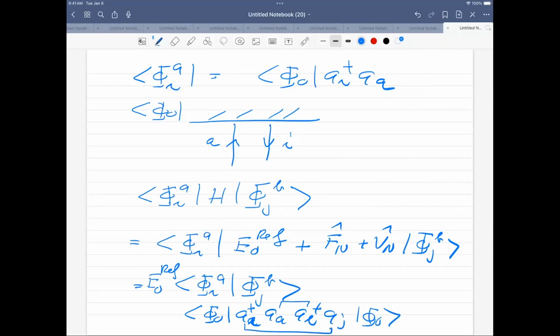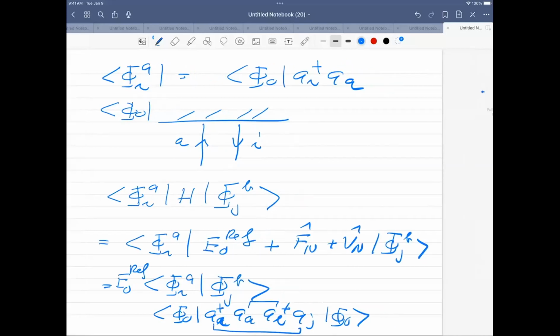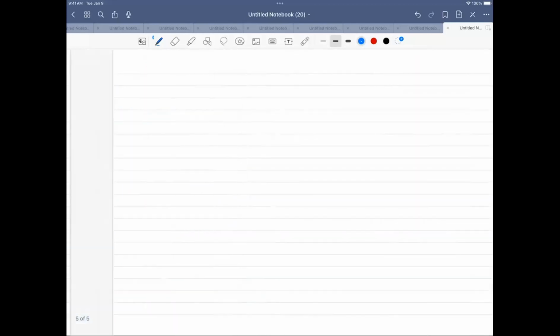So this term here, that gives us simply the delta AB and delta IJ multiplied with the reference energy. So if this is a so-called non-diagonal matrix element, this is going to be 0. If it's a diagonal matrix element, then it's going to give us an E0 reference. So diagrammatically then, let's look at the diagrammatic representation of this first term. So what we would have then would just be something like this.